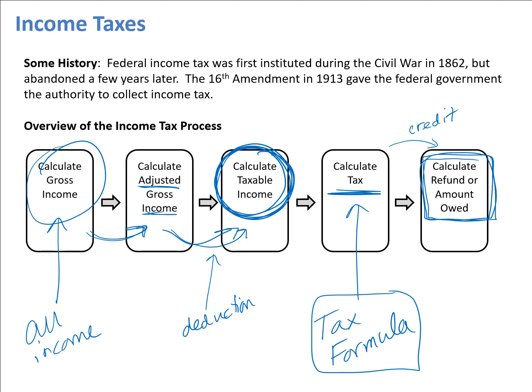And you might say, how are you allowed a refund? Well, the thing is that most people pay tax throughout the year in anticipation of what they owe, what's called withholdings from your paycheck. So you may have already paid all of that tax and be owed a refund, or you may not have paid enough during the year and you may have extra that you owe. So there's basically 5 steps that take you from looking at all of your income to determining whether you get a refund or you still owe a little bit more.